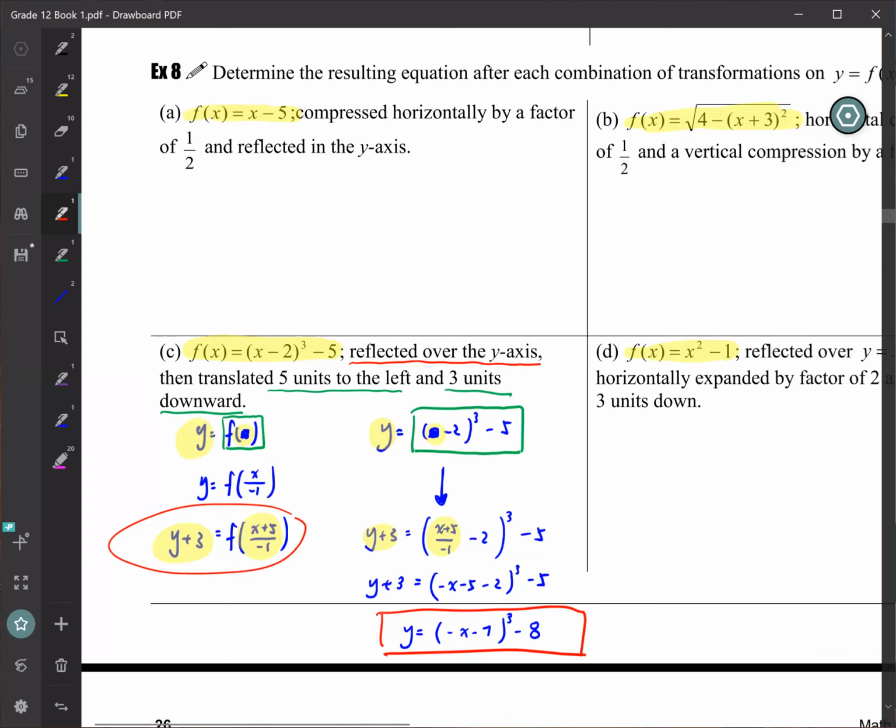Got that part? And then I missed the right side of it. I see. So after you get that, you need to replace it into the question. The y becomes y plus 3. The x becomes x plus 5 over -1. And then the rest is just simplifying.